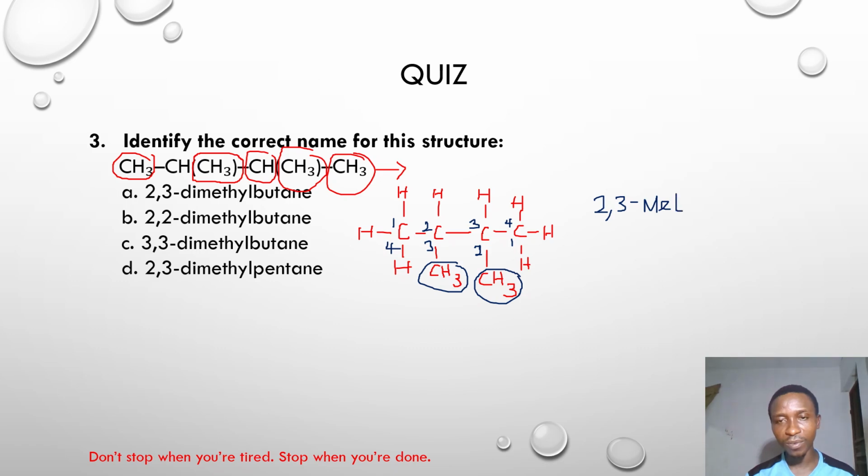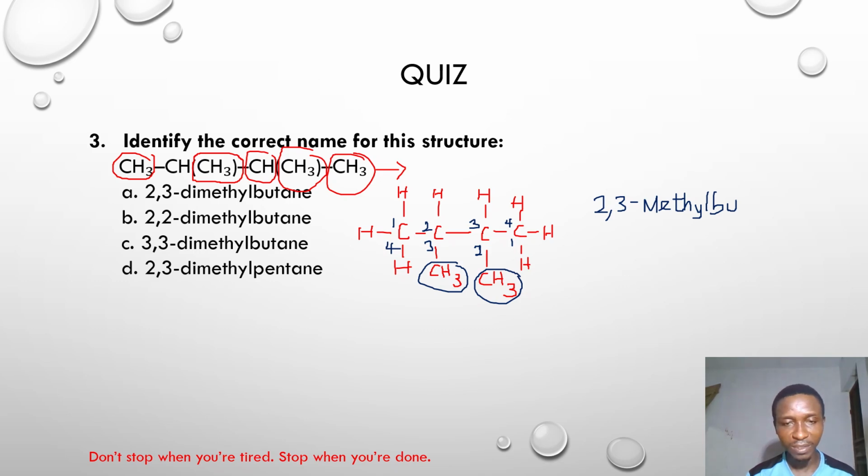We have to get the parent name by counting the longest carbon chain. And how many carbon chain do we have as the parent name? 1, 2, 3, 4. That is 4. And the alkane member with 4 carbon atoms is actually butane. So the name will be 2,3-dimethyl.